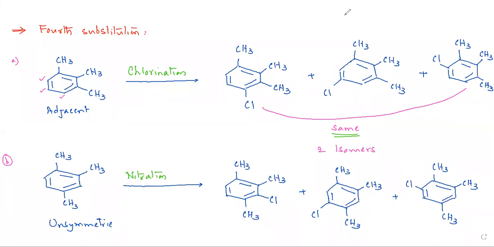Check the three isomers. Check whether they are the same or distinct. They are distinct. You can even write the names, I mean the IUPAC names of these three products. You will find whether they are distinct or the same. So that is the best way to find whether they are the same or different.